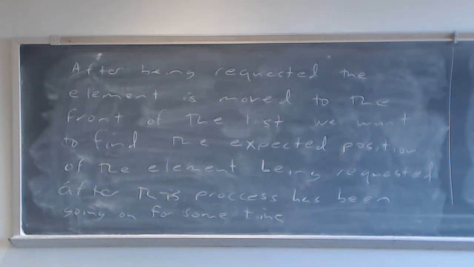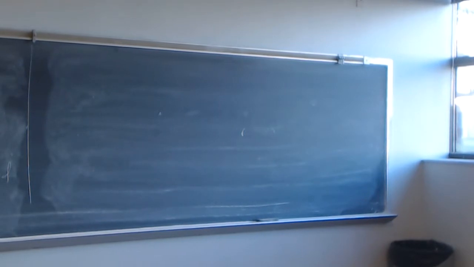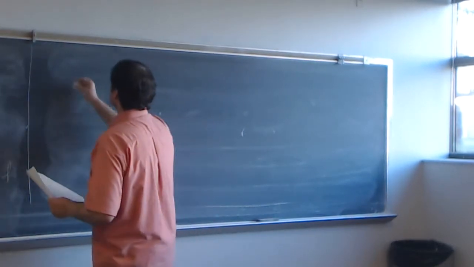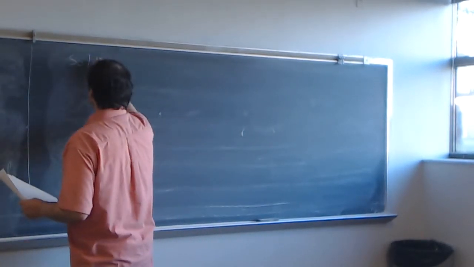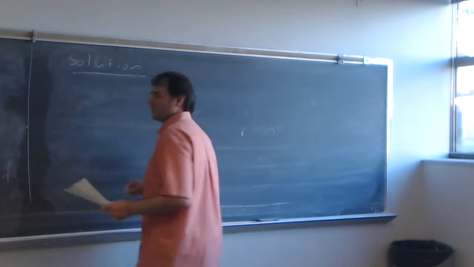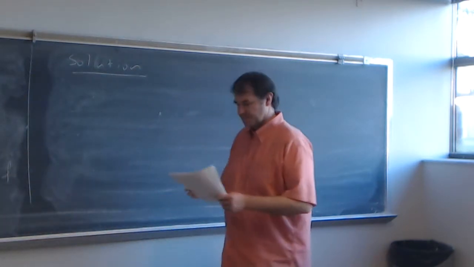Okay, so let's write up what it is that we're trying to find. We're trying to find the expected value of the position. Okay? Here's the solution. Expected value of the position of the element being requested.